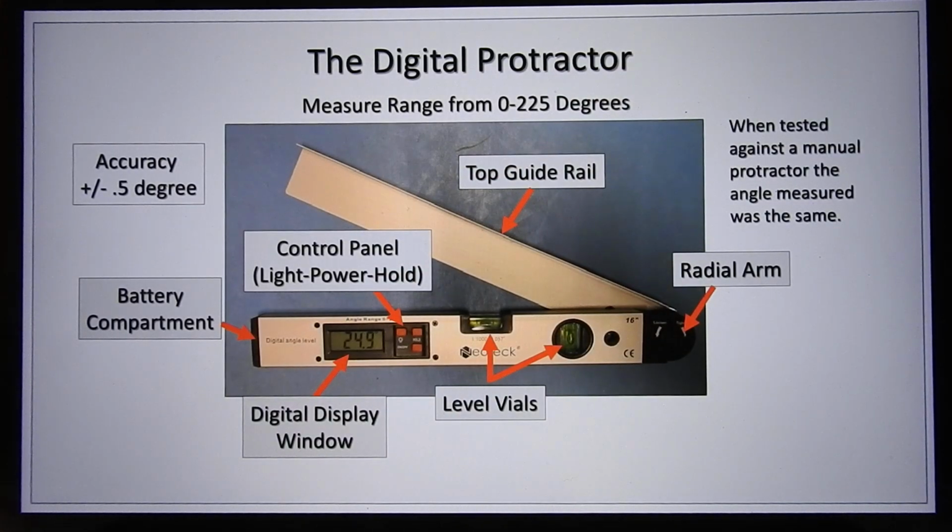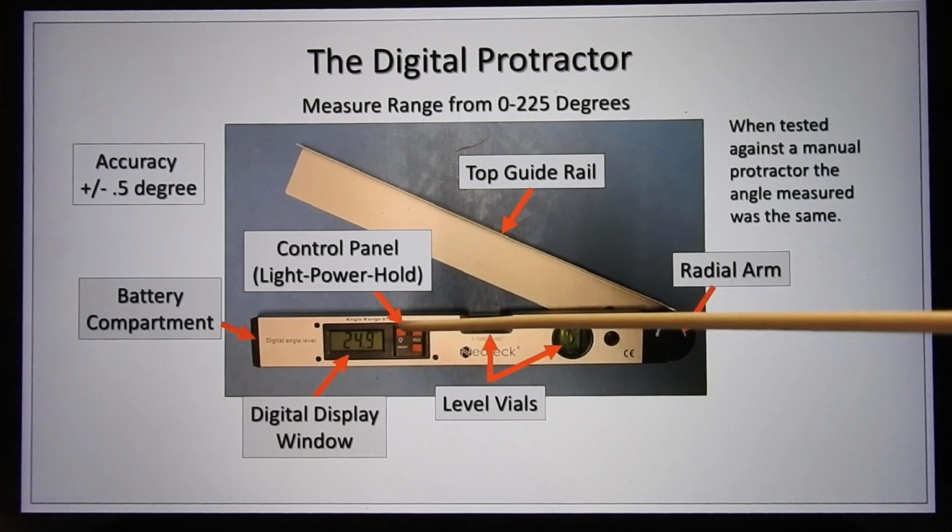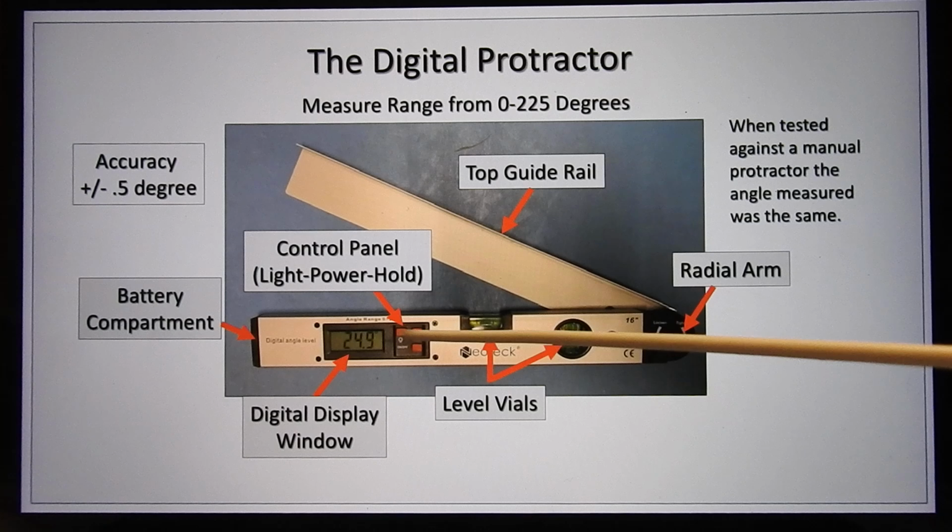Let's talk about the digital protractor. This one by Neotech has a range from 0 to 225 degrees with a 0.5 degree accuracy. When I tested it against a manual protractor, there was no difference, the exact same reading. Here we have the display window, and a control panel light which illuminates.